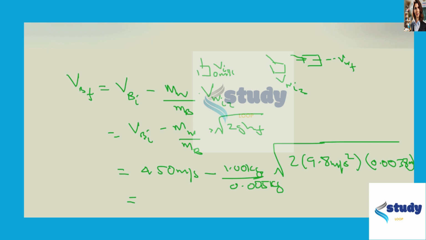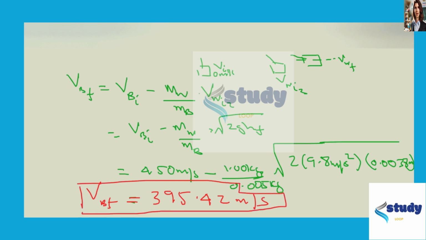Then we have to subtract 450. So we get the final speed of the bullet becomes equivalent to 395.42 meters per second. So this is what's happening to this problem.